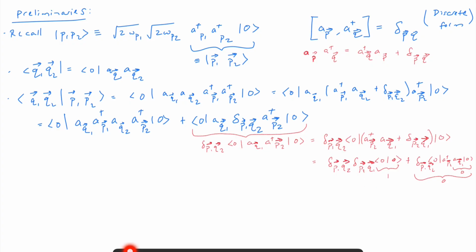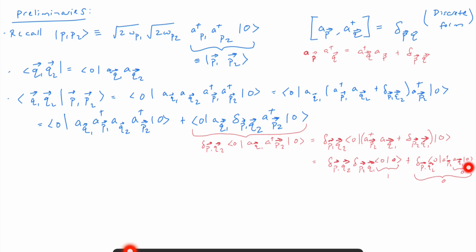And then I do the same thing with the other part over here. I have this delta function over here. This 0 goes over here. This a dagger P2, a sub Q1 is over here, and 0 over here. Now here's an important part. A sub Q1 acting on the vacuum state gives me the number 0, the mathematical number 0. We've talked about that a lot. There's nothing below the vacuum state, and this is a lowering or a destruction operator.